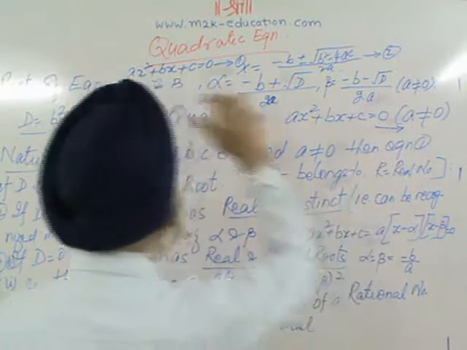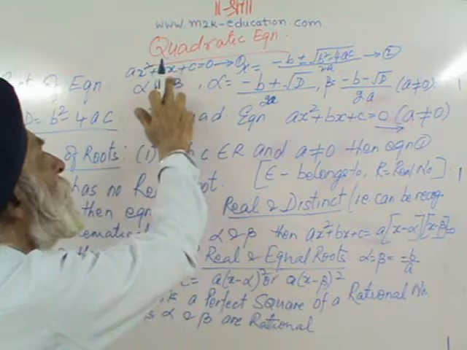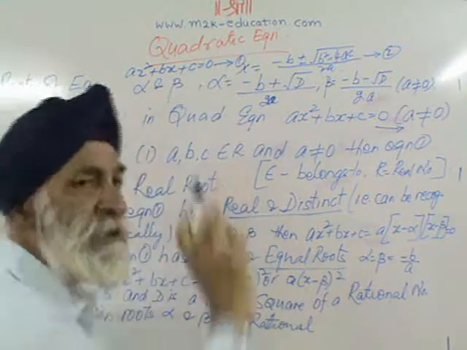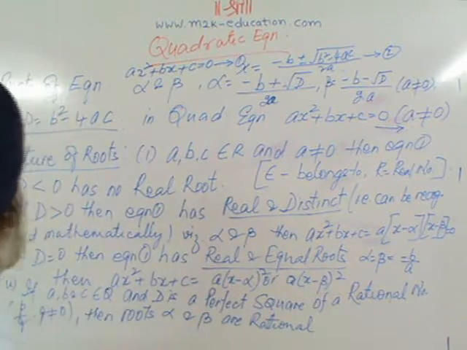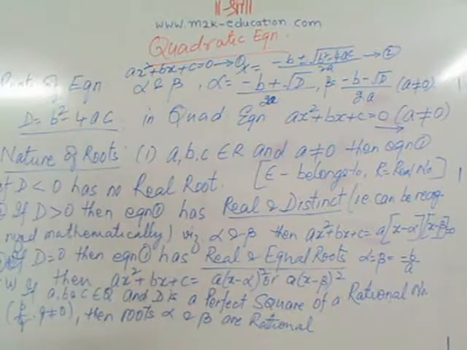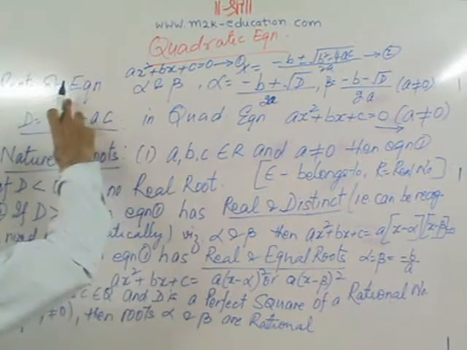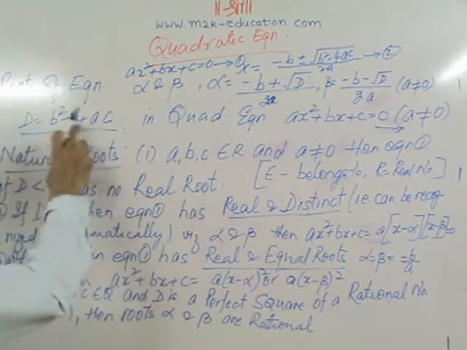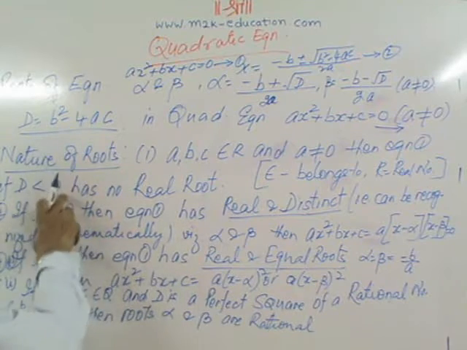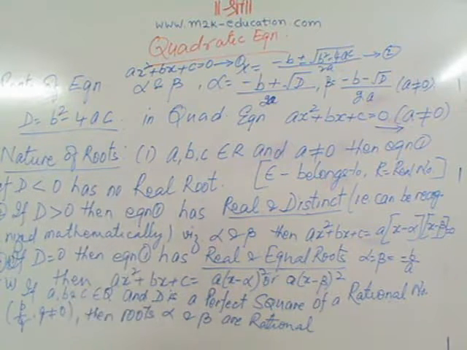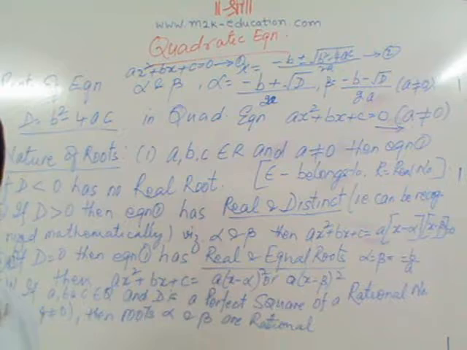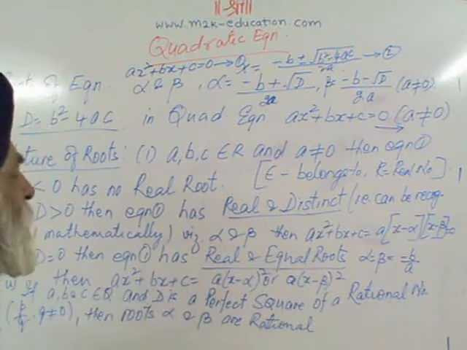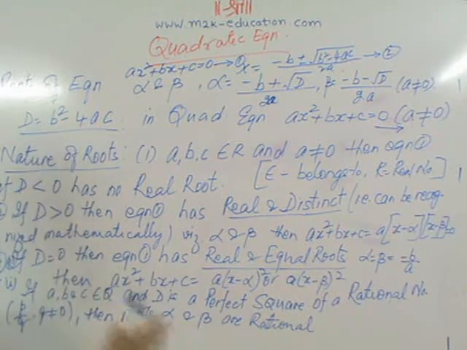Then equation 1, ax² + bx + c = 0, has three conditions: either discriminant D = b² − 4ac is less than 0, equal to 0, or more than 0. We discuss these separately.